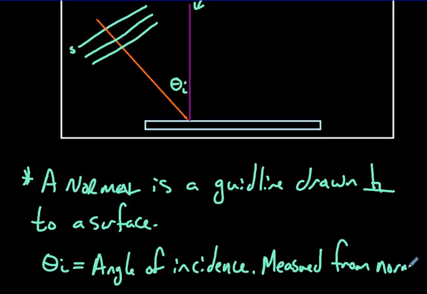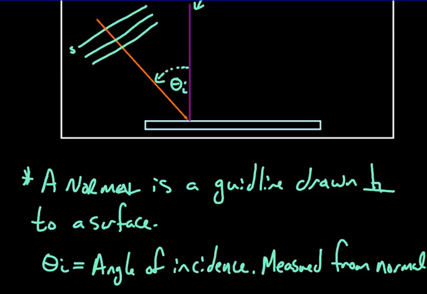It's not measured from the surface. We don't measure up from the surface, we measure back from the normal. So if you're doing a lab or a question and you need to physically measure that angle, you would measure from the normal back.